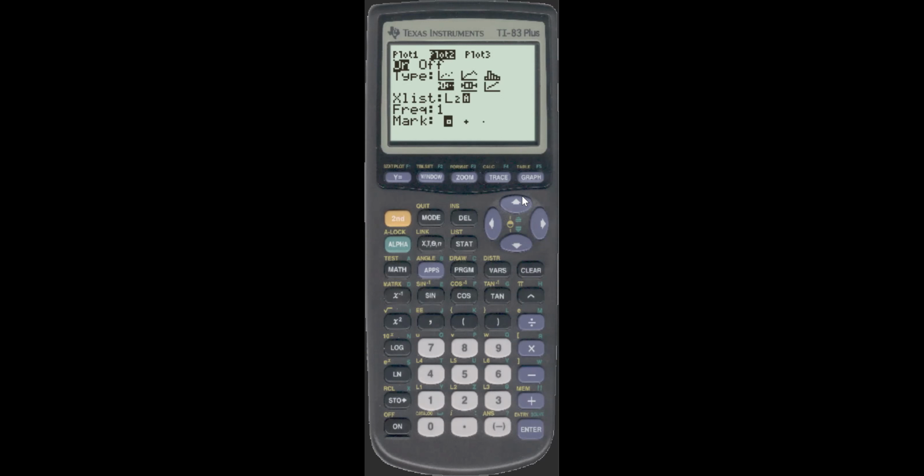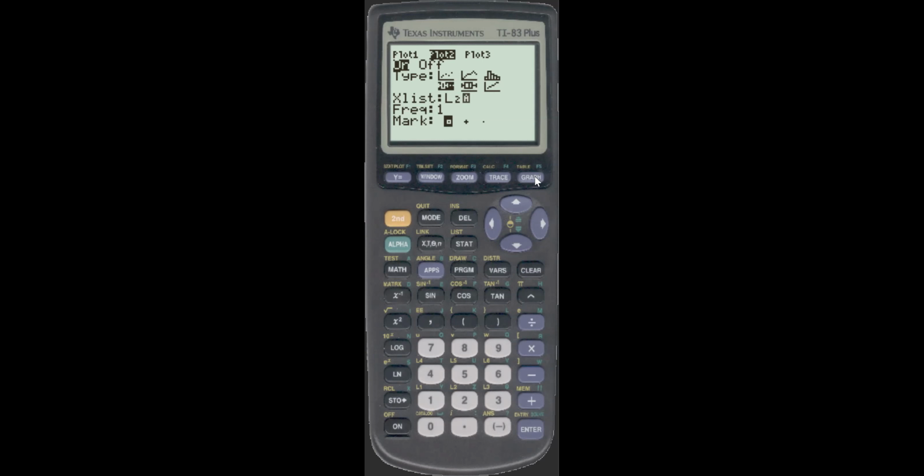How do you change it from L1 to L2? You have to hit second, and then the number 2 to get L2. Okay. All right, and then when you're ready, you can go ahead and hit graph.